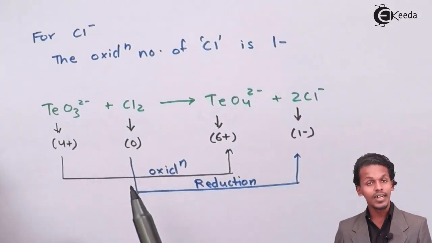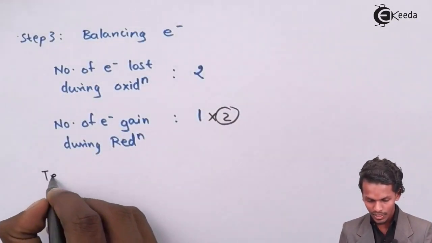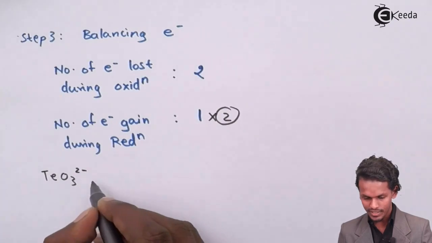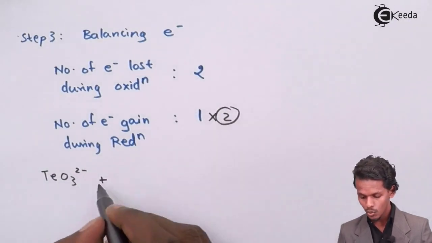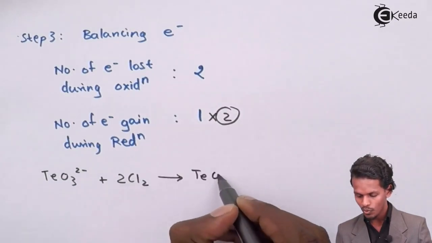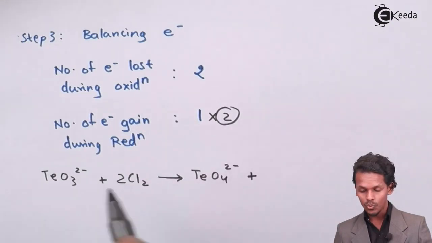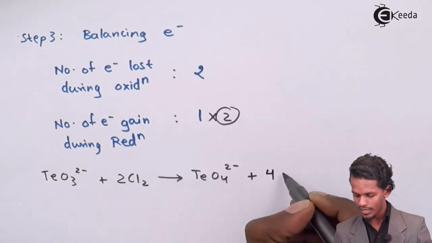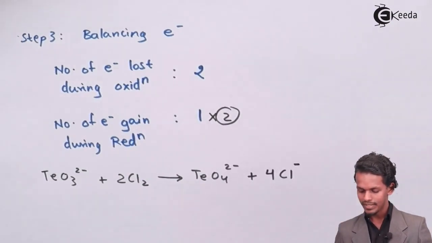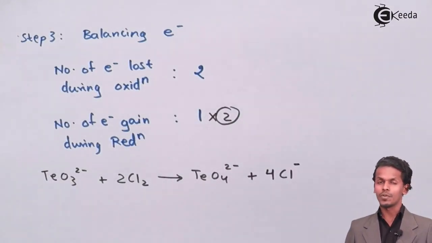So ultimately I'll get an answer as TeO3 2- plus 2 times Cl2, that should give me TeO4 2- plus 2 into 2, which is now 4 times Cl-. So this is how I have balanced the electrons.